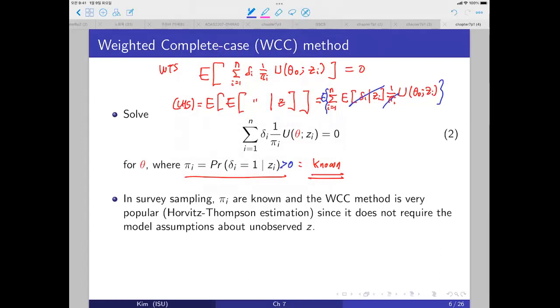If the pi I's are zero for some I, then this is not true. Under this condition, known and positive, we get cancellation, the expectation comes inside to U, which is 0. So you get 0.